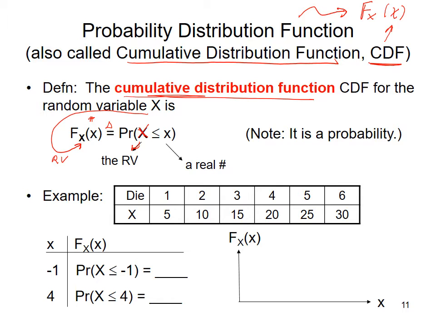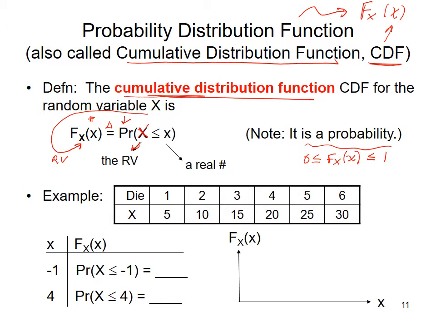And first of all, notice it is a probability. Notice here it says the probability x less than or equal to x. So therefore, it's going to be true that 0 will always be less than or equal to F_X of x, which will be less than or equal to 1, because we already know that that's true for all random variables. Right? So that's the first thing we want to notice about it.